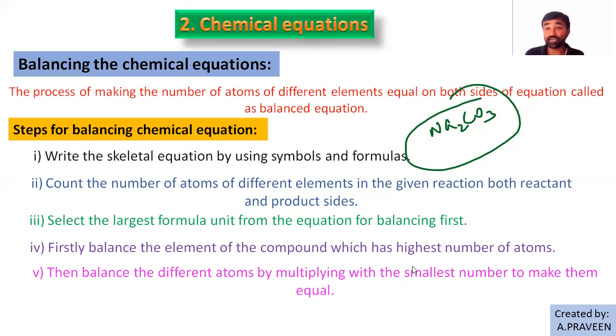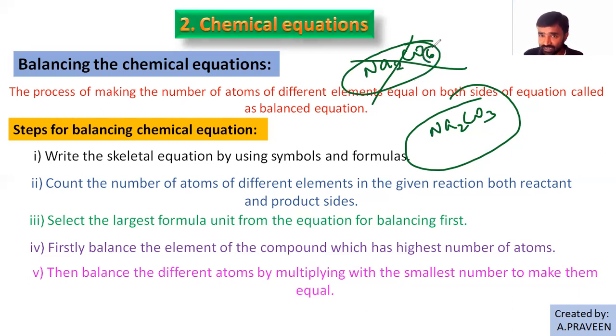We don't have any right to change the count of atoms by writing a subscript here. For example, Na2CO3 is there, right? If I write that Na2CO3 by changing the count of oxygens like this, will you accept? No, it doesn't exist. You are unable to change the combination, you are just able to change the count.